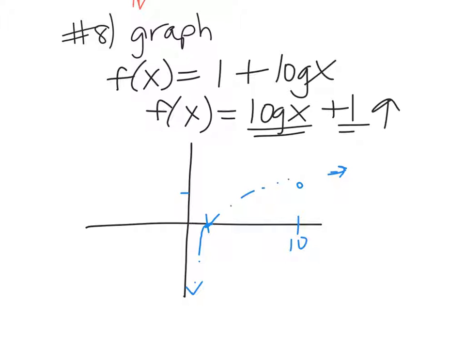It should be like there. It's a really flat graph. Just like if you had an exponential function of 10 to the x, that would be increasing really fast. So it's really flat here. And we're going to shift this up 1. Oops, I forgot to graph the asymptote too. There's the asymptote. So let's shift this up 1.